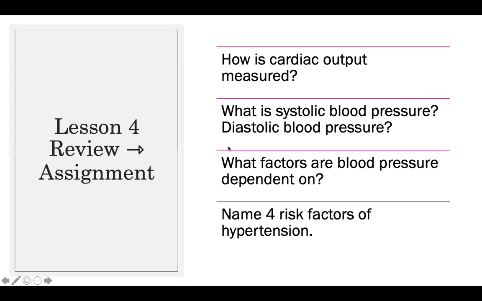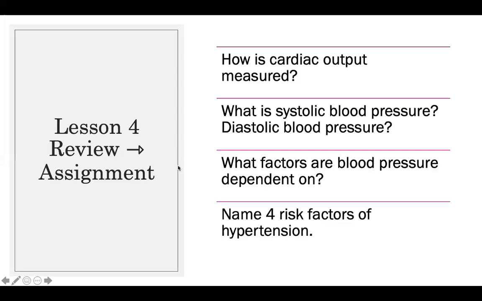For question 2, I believe I paraphrased it to compare and contrast systolic and diastolic blood pressure, looking at the similarities and the differences. What's happening when you are measuring systolic blood pressure, what's occurring when you are measuring diastolic blood pressure, and then that ratio is about how physicians are able to interpret it. What factors is blood pressure dependent on?